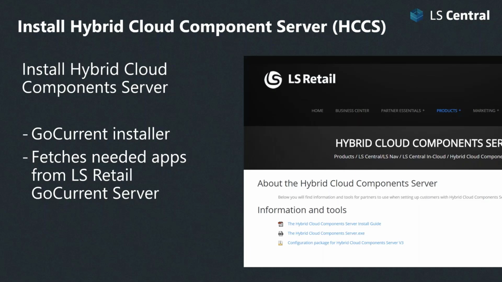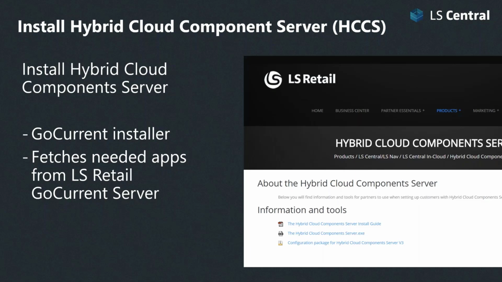We have some configuration packages, and then we have the Hybrid Cloud Component Server EXE. This is a GoCurrent installer. What we're trying to do here is create a simple, standardized way for partners to implement an offline POS environment for our LS Central SaaS offering. We want simplicity and standardization.